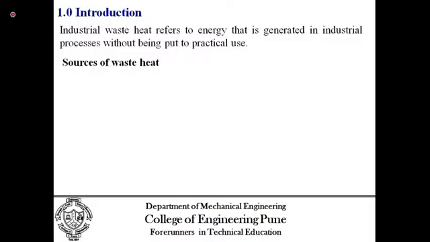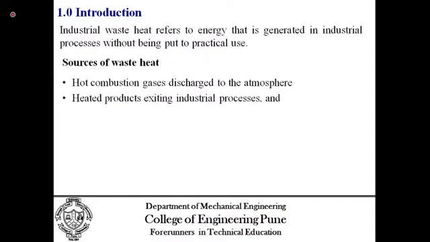There are different sources of waste heat. That is hot combustion gases discharged to the atmosphere; heated products exiting industrial processes. Let us say we have gone for a casting. The casting is very hot. Then it is allowed to cool down. So that heat which is released to the surroundings, if that heat is possibly utilized for some positive work, it is nothing but waste heat recovery.